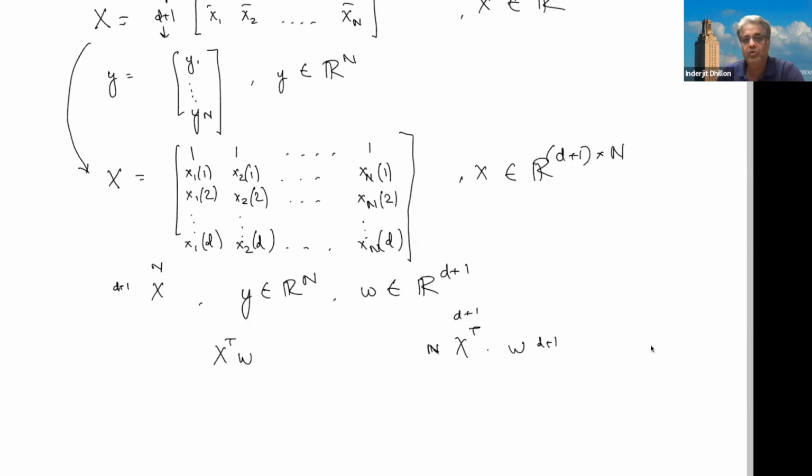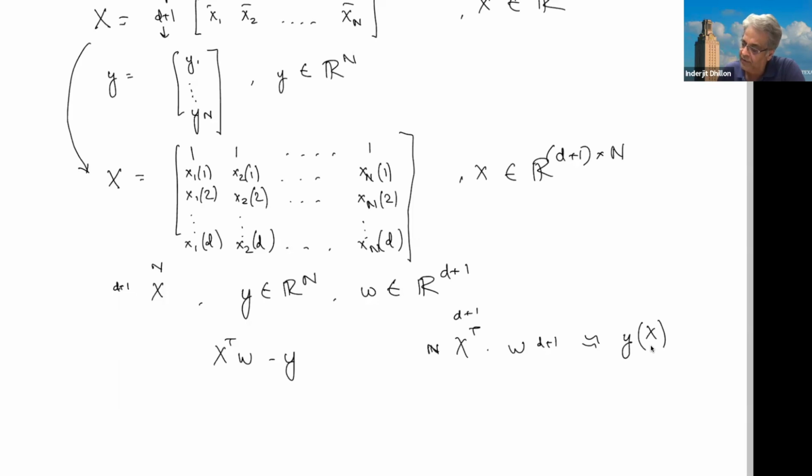So when I multiply the two, I basically get my prediction, a vector of all the predictions for the x's. The first value is going to be W transpose x1, the second value will be W transpose x2, and so on. Now I need to match it up with the y's. X transpose W is an n-dimensional vector.